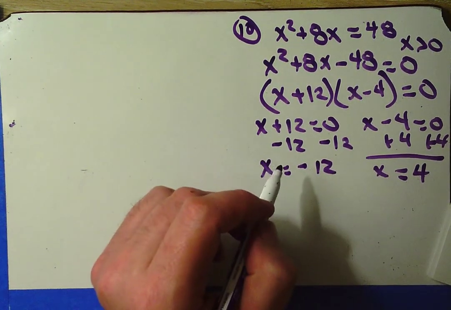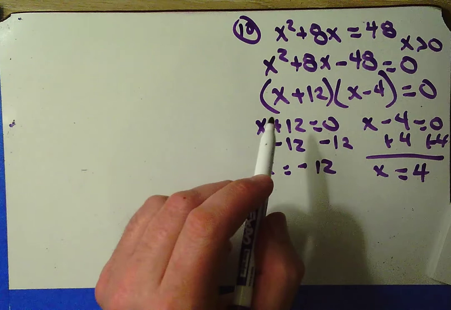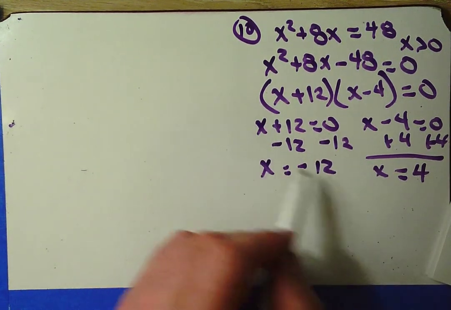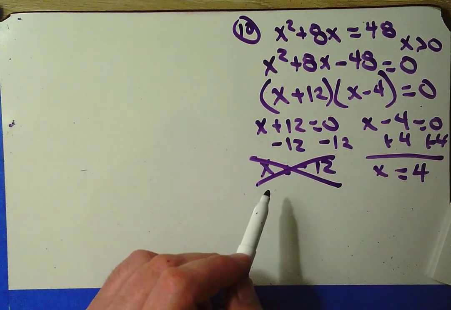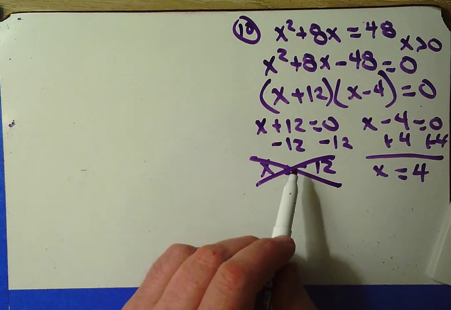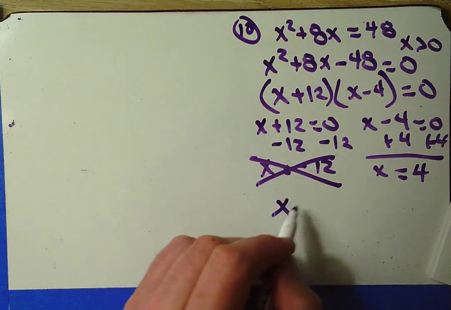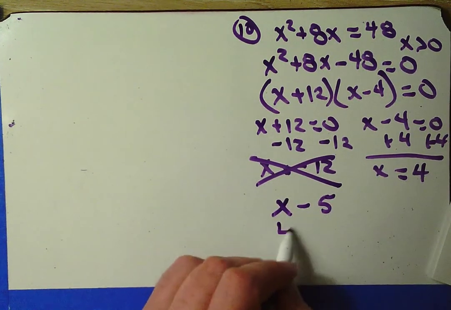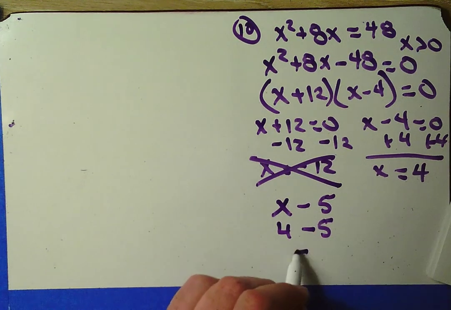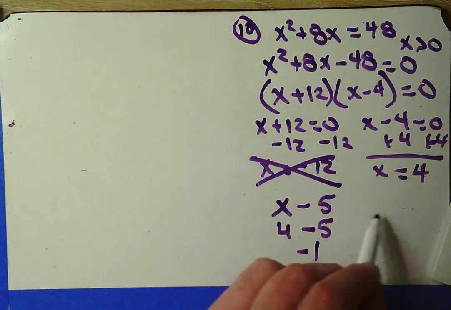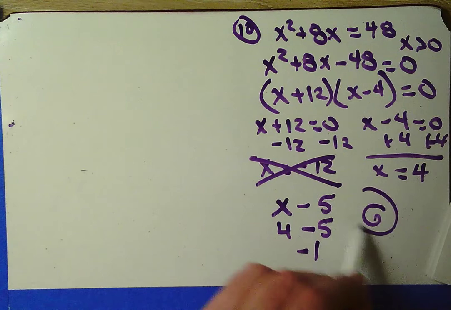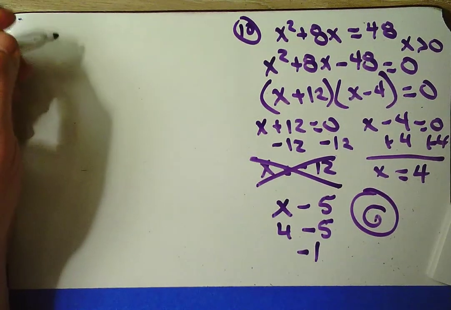Well, in the stem of the problem, they told me, no, x has to be a positive number. So not this number. I have to throw that away. And then they said, what's the value of x minus 5? So 4 minus 5 is -1, and that corresponds to choice G for problem 10.